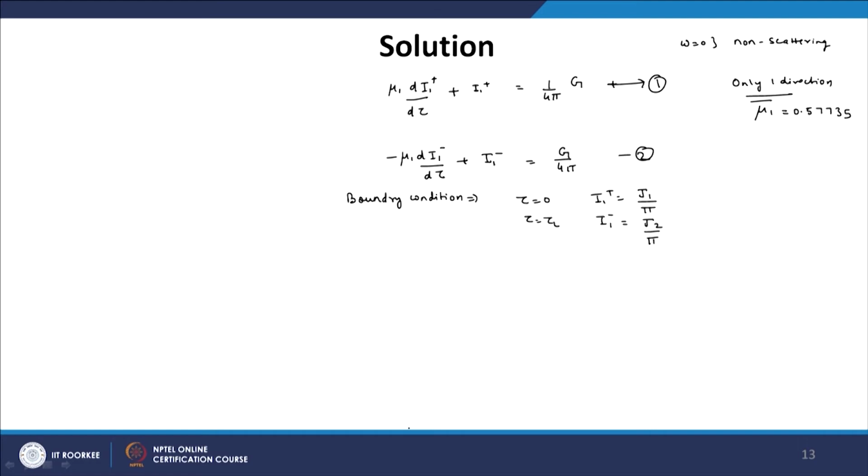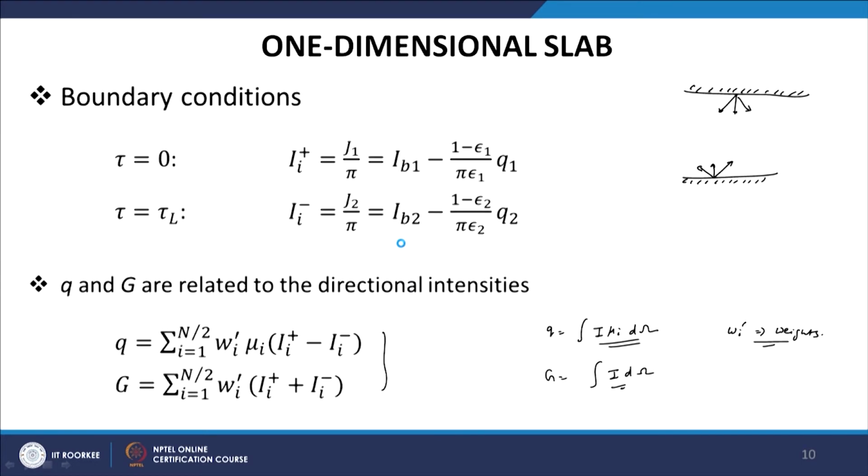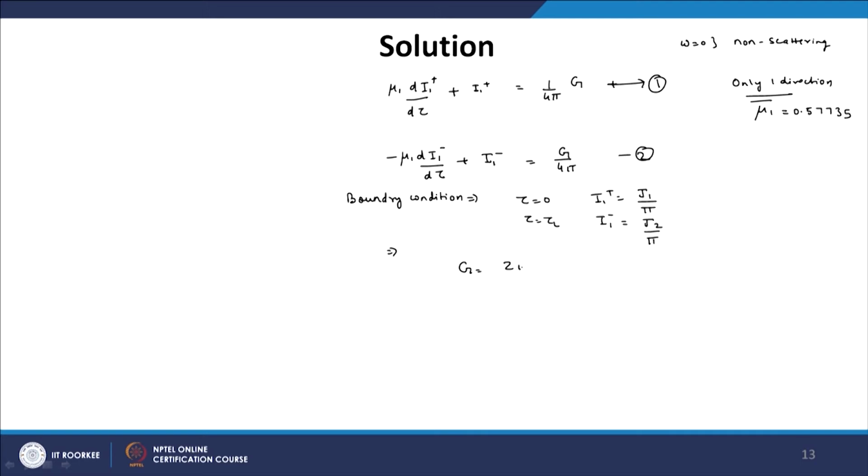So, we write the expression for G we derived here. G is equal to the summation, i equal to 1 to n by 2, W i (I i plus plus I i minus), and similarly for Q. So, we write G is equal to 2 pi (I 1 plus plus I 1 minus), and Q is equal to 2 pi mu 1 (I 1 plus minus I 1 minus).